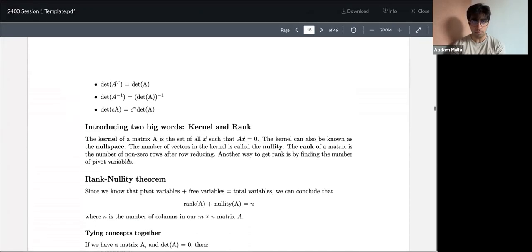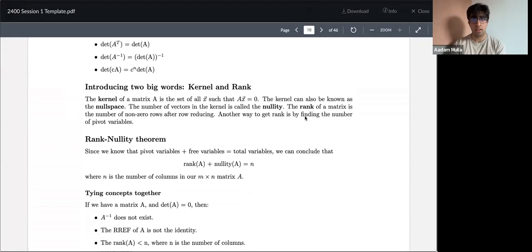Okay. The rank of a matrix is another important word. It's the number of non-zero rows you get after row reducing. So let's say I have a matrix that looks like this: 2, 1, 3, 2, 1, 3, and then 1, 1, 1. Here's my matrix, right?